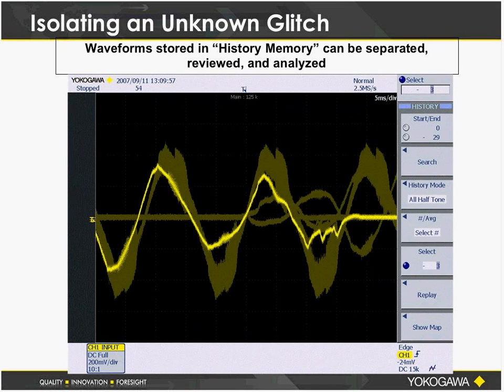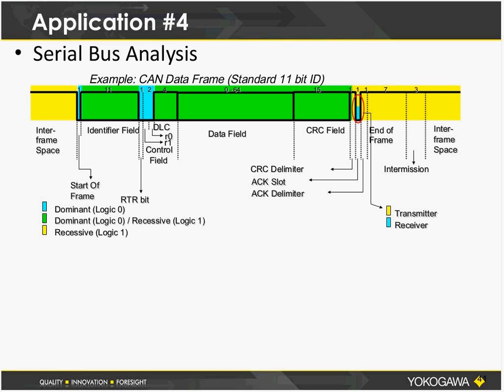All right, so those are your basic oscilloscope types of functions. As I mentioned, modern oscilloscopes have quite a few more features that are continuously being added based on user demands, and one of those is serial bus analysis.